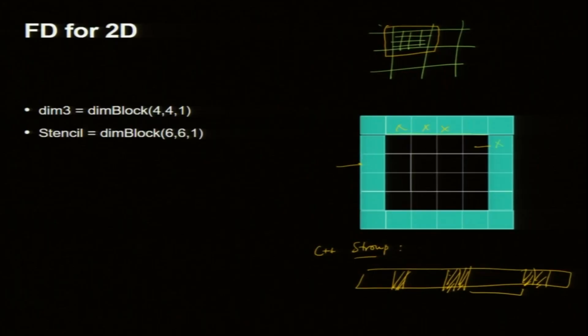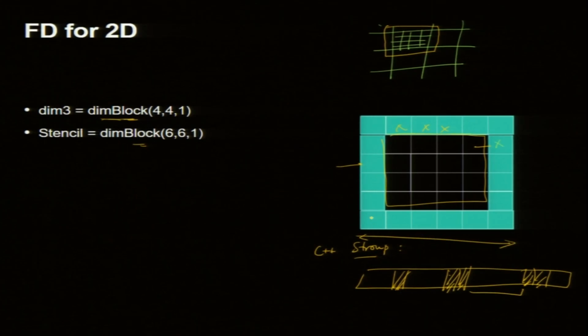So, I want to say that for 3D or even 2D, you should use a block, grid, actually dim block. Our block is going to be 4 by 4, but my stencil is 6 by 6. There are 6 numbers, this is 6 by 6.